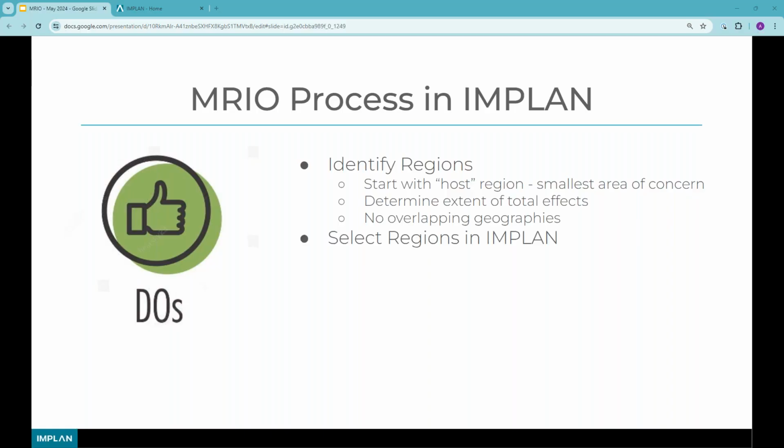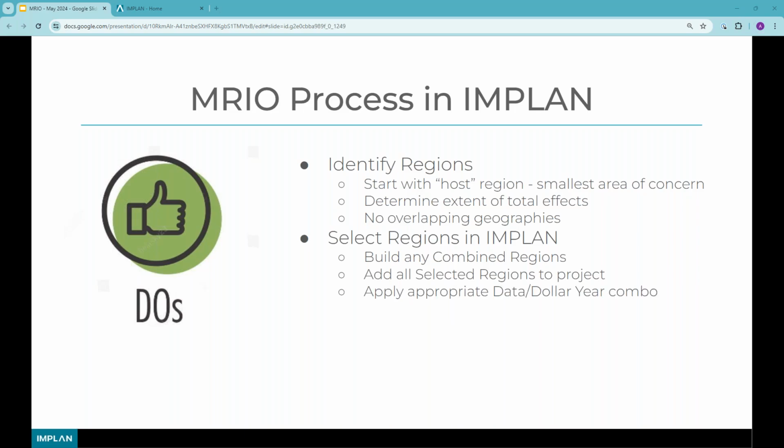Second, you are going to select your regions in IMPLAN by building them out as combined regions, or just adding all of those selected regions to your project. Make sure when you're setting up your MRIO analysis that you apply the appropriate data dollar year combination.